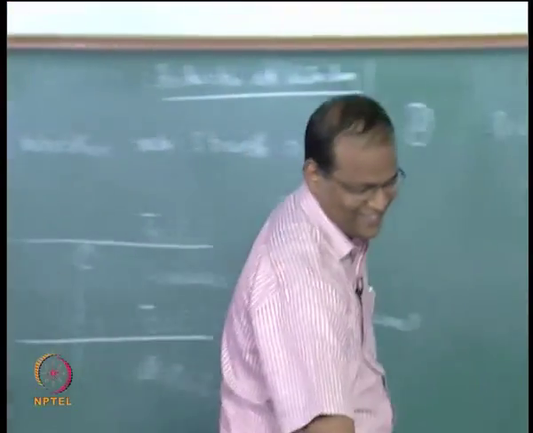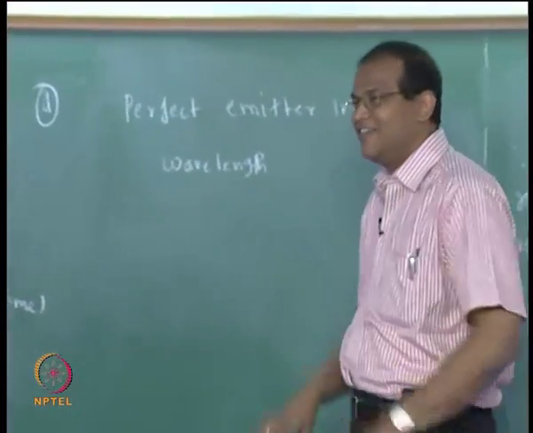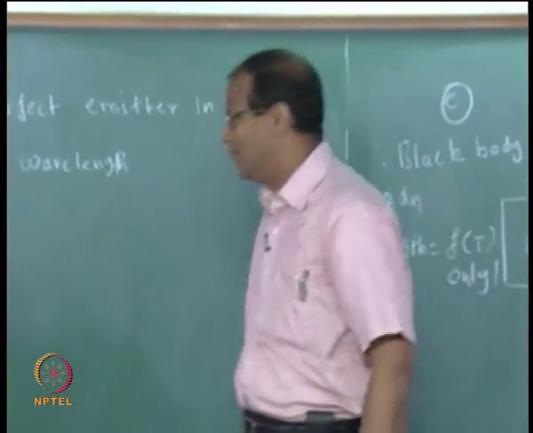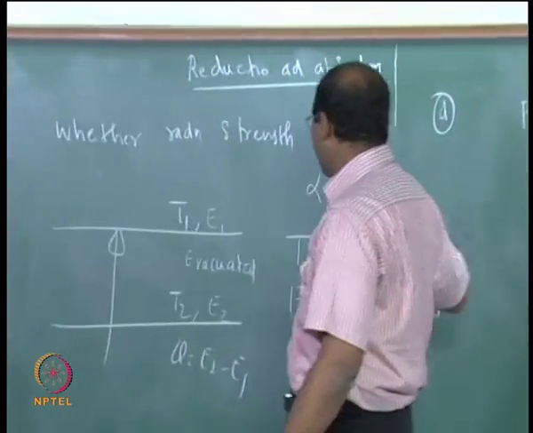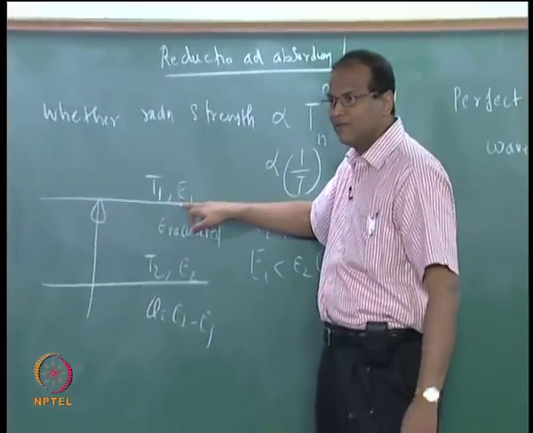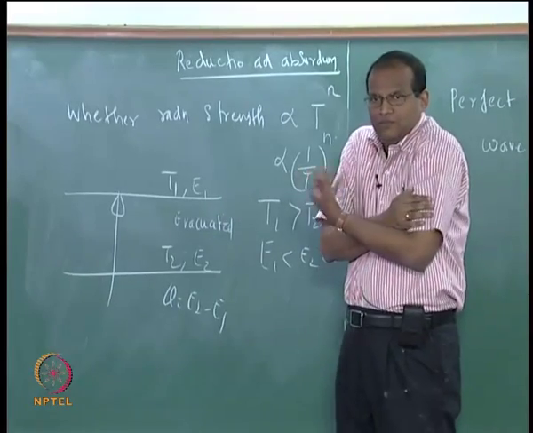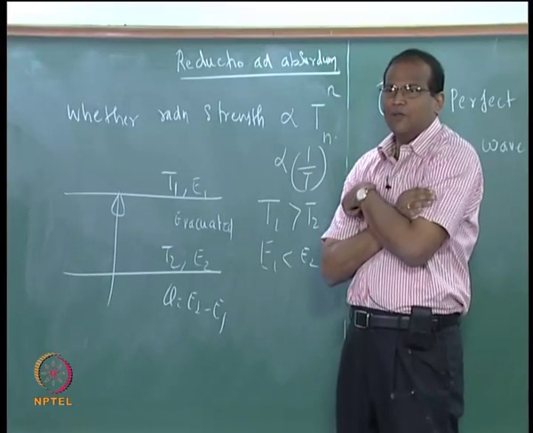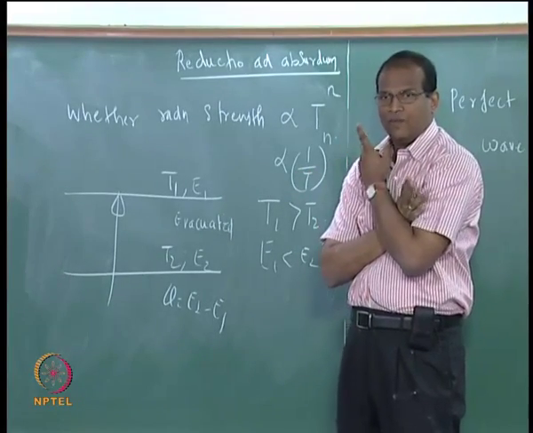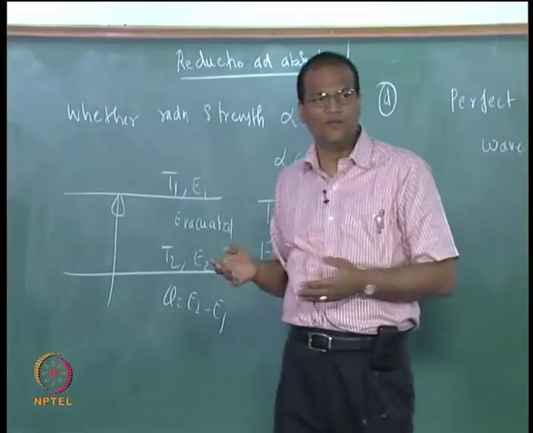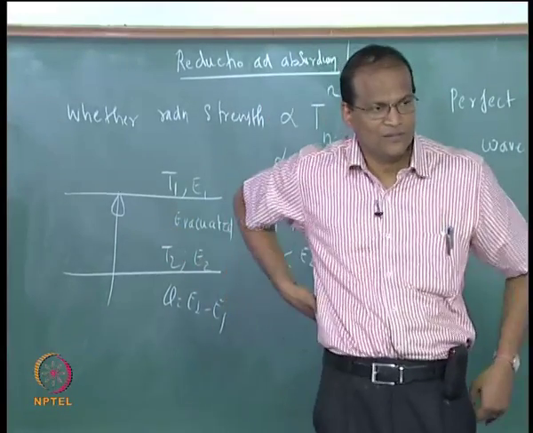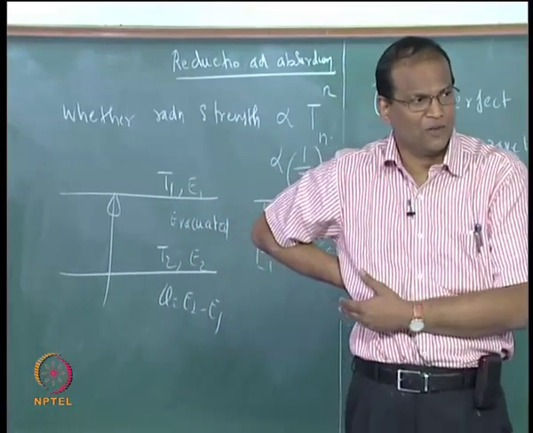Okay, so these are the attributes of a black body. Now what is the story? What is this E? We don't know. Is it T to the power of 1, 2, 3, 4, whatever? We don't know. So many of the best brains 100 years back were working on this problem.